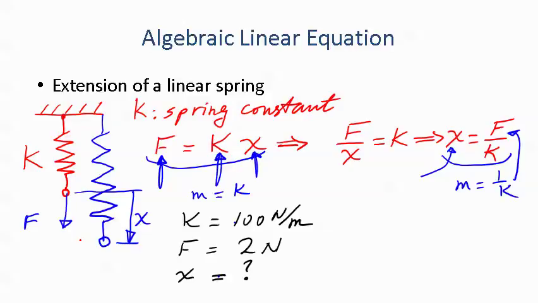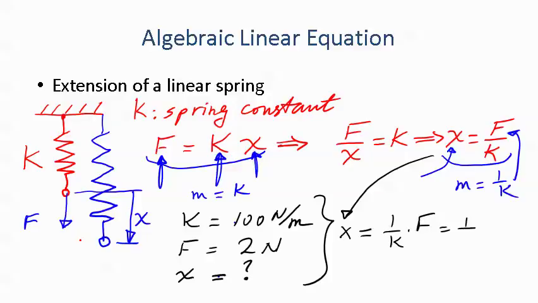Well, in order to solve for this, we need to use the last equation. x equals 1 over k times F, or 1 over 100 newtons per meter times F.